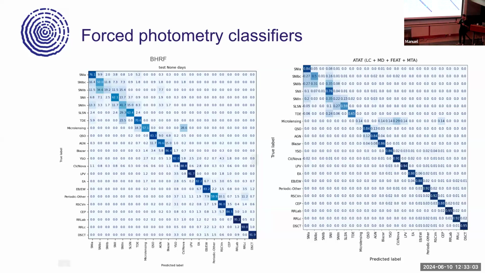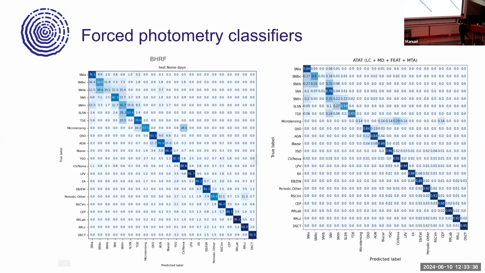With respect to the variable stars, periodic and stochastic objects, both classifiers are doing pretty well, as you can see in the diagonal of the confusion matrix. But the main difference is mostly in transient objects, for example TDE, superluminous supernova, supernova type I, type II, etc.